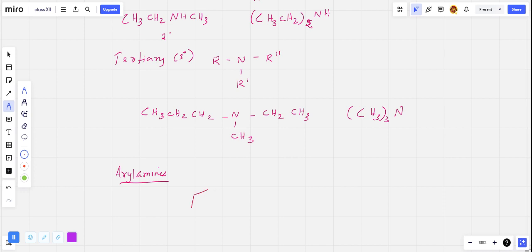If an aryl group replaces one hydrogen in ammonia, you get aminobenzene, or aniline. Aniline is an accepted IUPAC name. This is an aryl amine, and these all come under aryl amine.